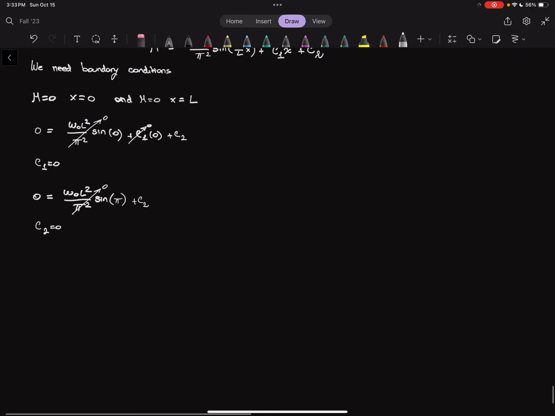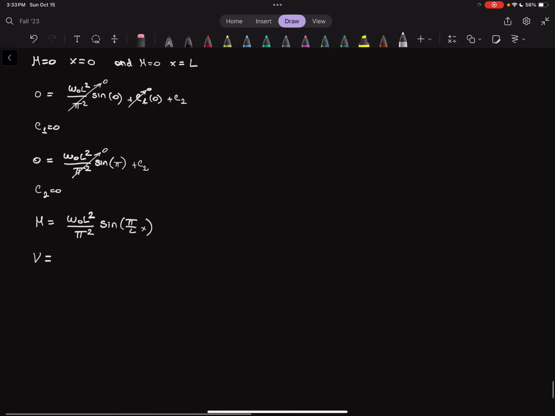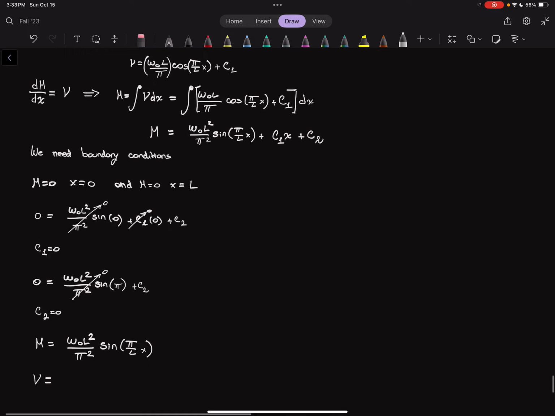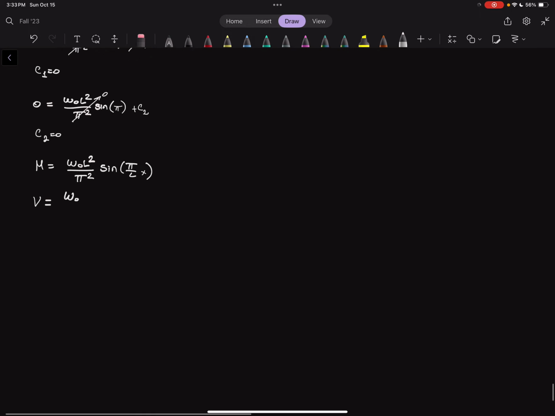So what we get out of this is that my M is equal to w naught L squared over pi squared times the sine of pi over L times x, and my V function is w naught L over pi cosine pi over L times x.